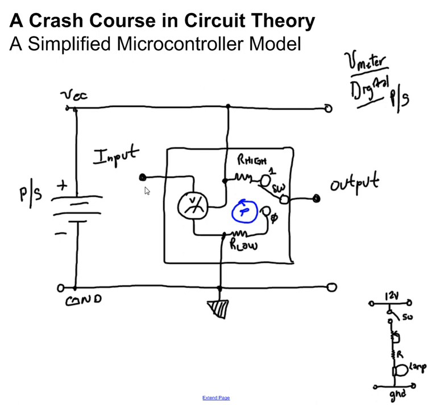This is where the input of the microcontroller can be used to detect whether a switch is open or closed. We recall that the voltmeter can sense levels of voltages, and this could be used to detect whether a switch is open or closed.